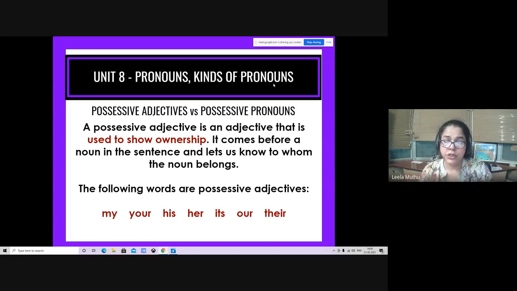All right. So a possessive adjective will always come before a noun. It's basically a pronoun which comes before a noun, acts like an adjective. Therefore, it is referred to as a possessive adjective. Okay? So the following words are possessive adjectives. And if you've noticed, these words which I'm going to read out aloud right now will always come before a noun. Okay? My.